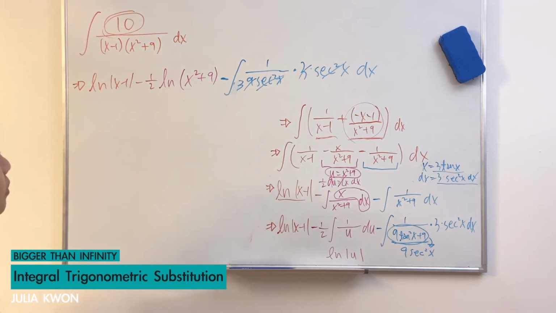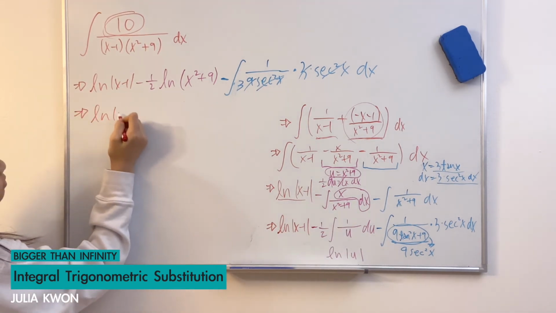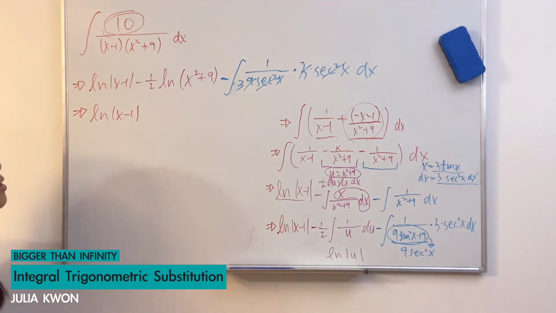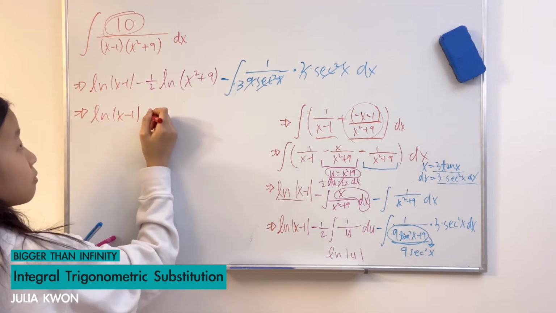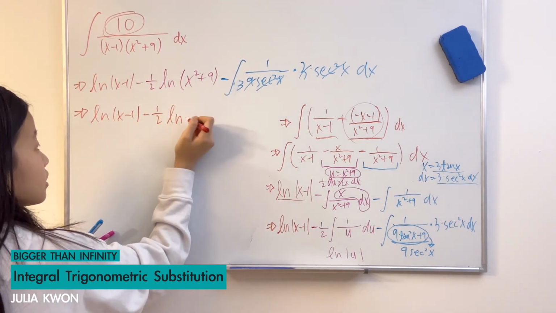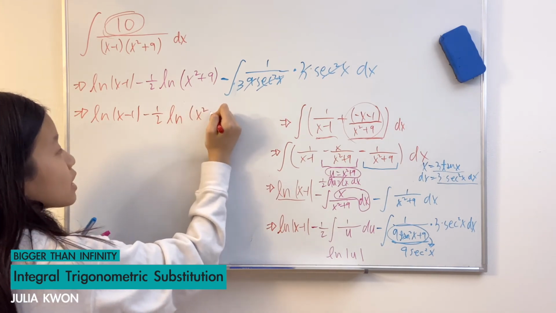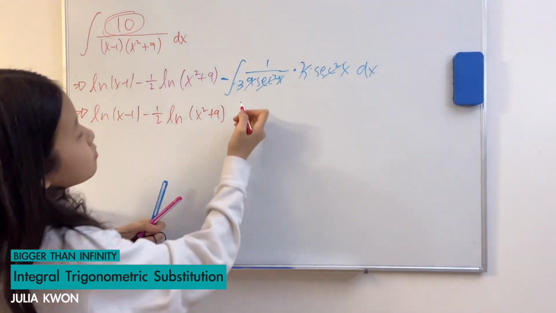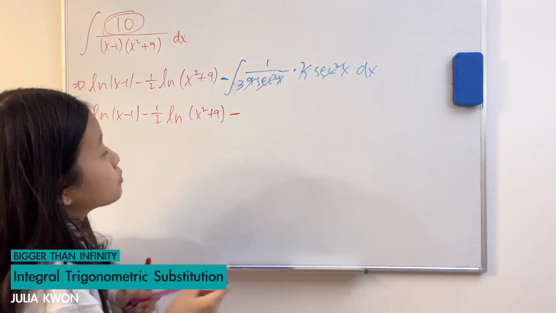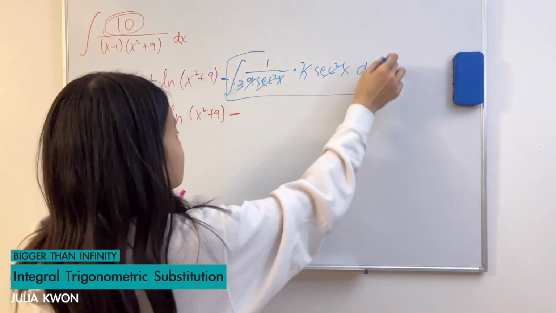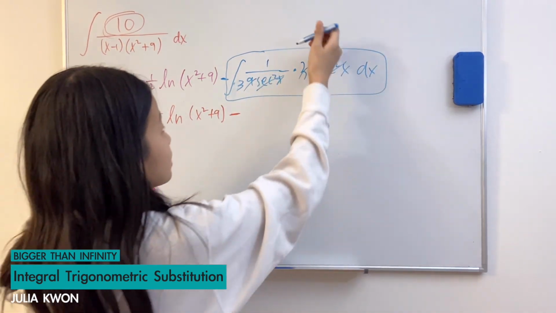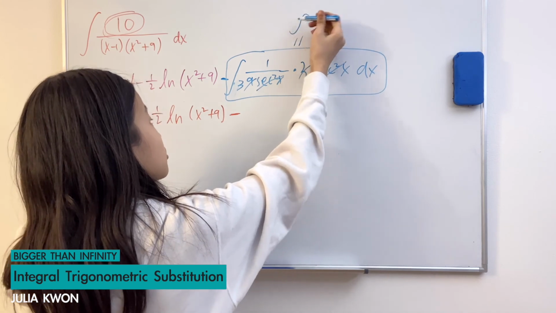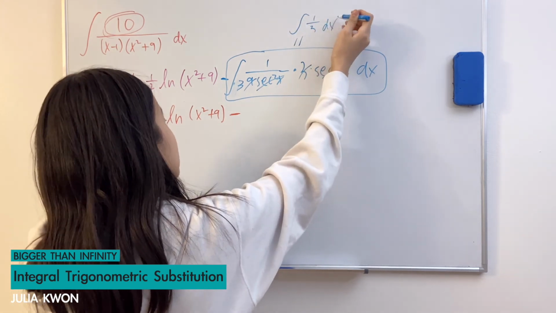And I'll just rewrite all of these down. ln absolute value of x minus 1, minus 1/2 times ln of x squared plus 9, and minus the integral of this whole thing, which is now equal to the integral of 1 over 3 dx.